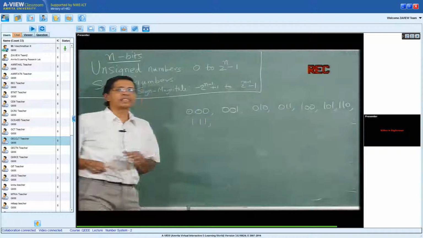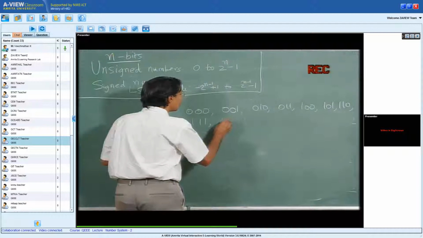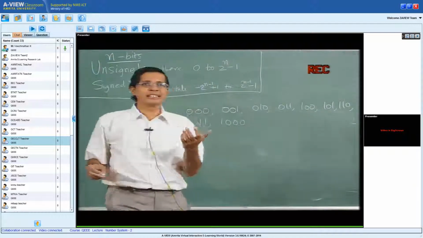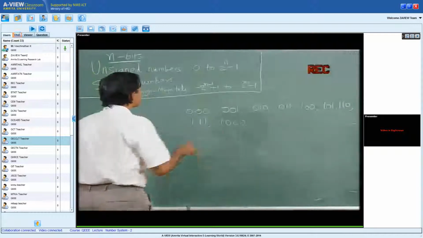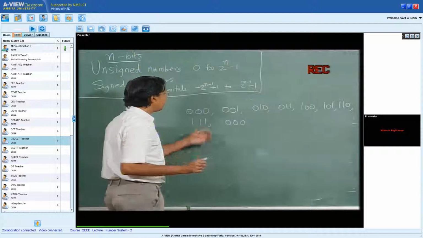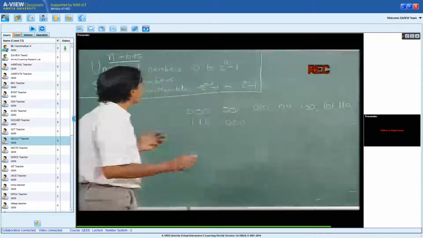After that you count another 1, what will happen? You will get 1 0 0 0, but since you can't represent more than 3 bits, this 1 will be lost because I can only represent 3 digits.